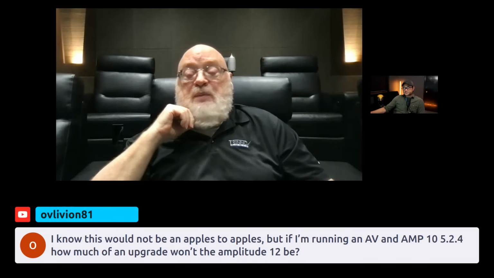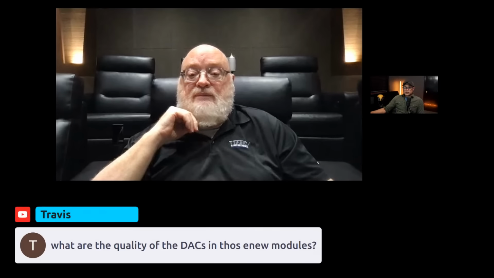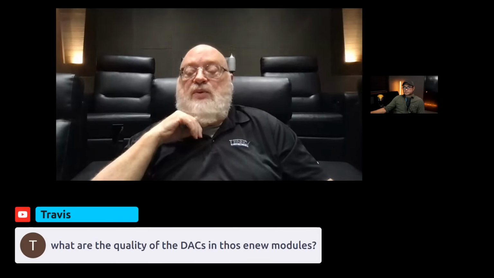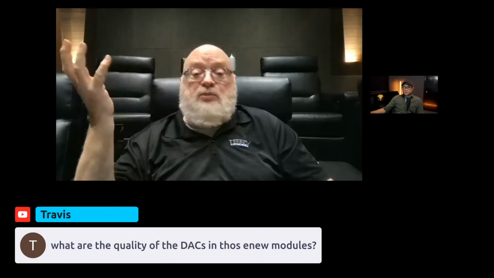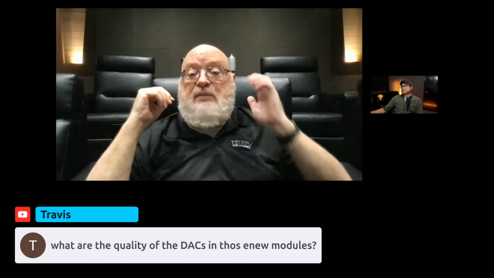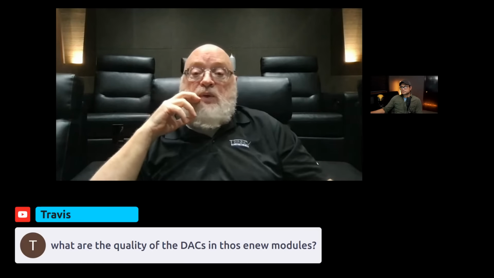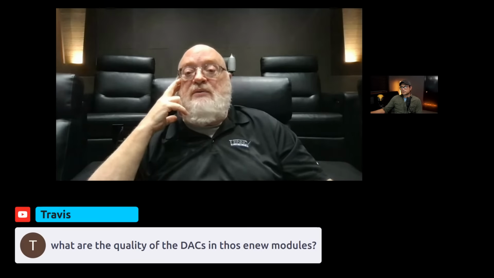As witnessed by the Altitude 32, which is more than 10 years old and still the best processor you can buy, period. What is the quality of the DACs in those new modules? Exact same DACs that we used in the Altitude 16 and 32, and all of our pro recording studio gear for that matter. We only do the one.